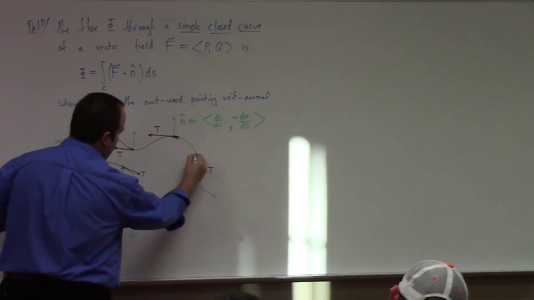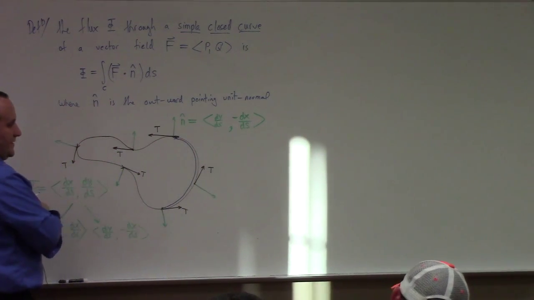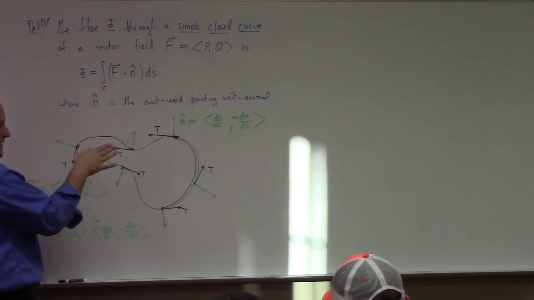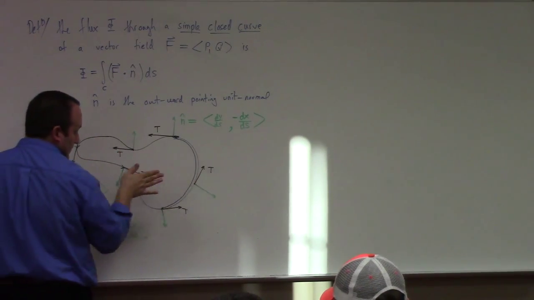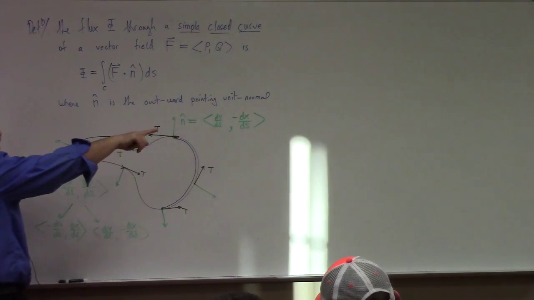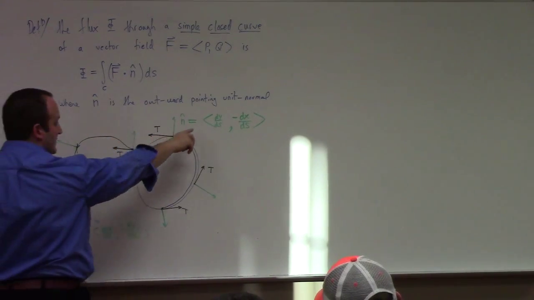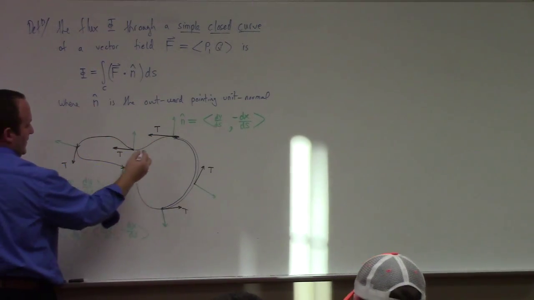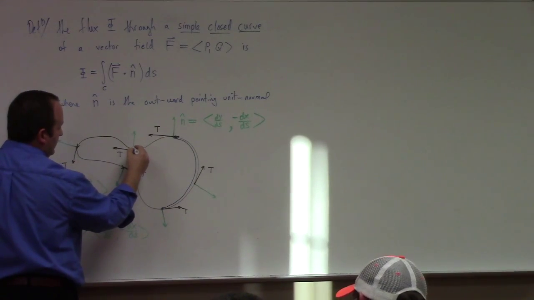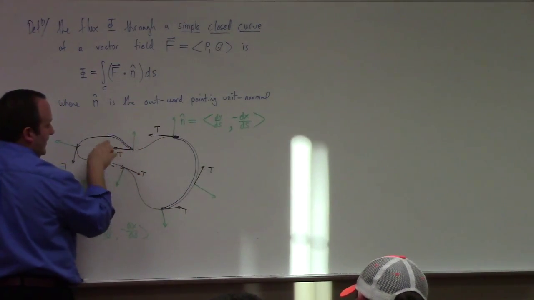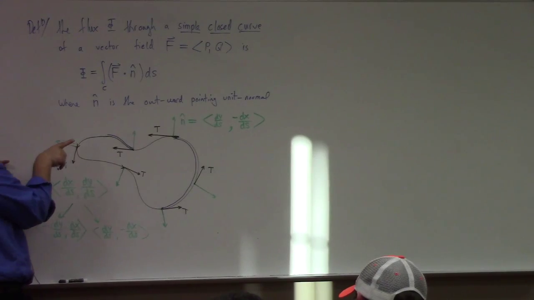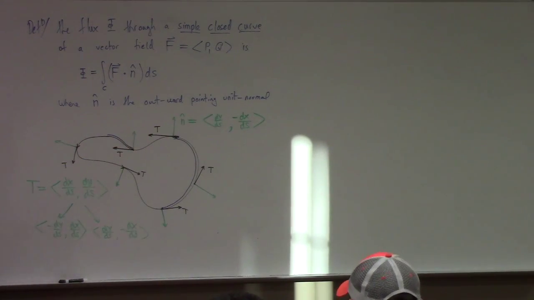And in that same place, n hat should be pointing in the right general direction. As you can see, that's the case. And y is again increasing right up in here, so again the outward normal should be pointing to the right. If you study this formula carefully, you can see it's quite reasonable.